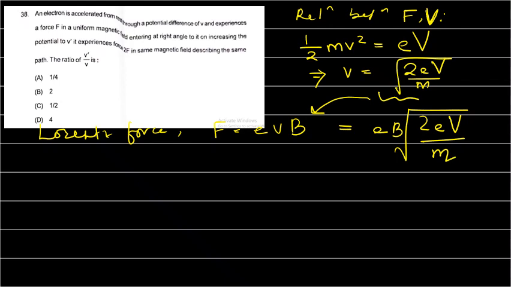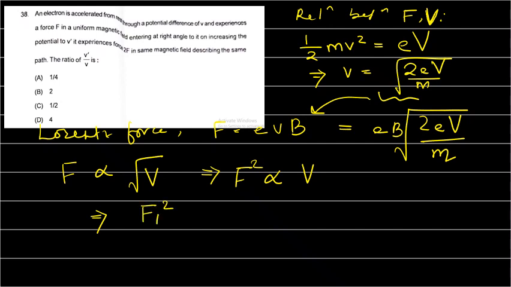So here we see the force is proportional to the square root of V. That implies force square is proportional to the potential V. So from this relation we can easily calculate that F1 square divided by F2 square is equal to V1 by V2, or here V prime by V is equal to 2F square by F square.